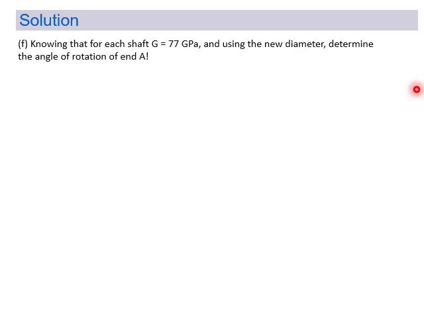Next, the last question is asking you to determine the angle of rotation at A, knowing that the shaft has a shearing modulus of 77 gigapascal, and we will use the new diameter because we don't want the machinery to be broken.